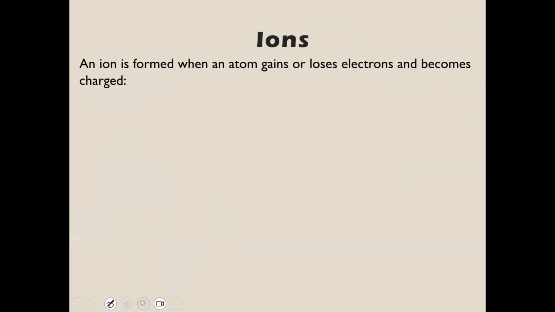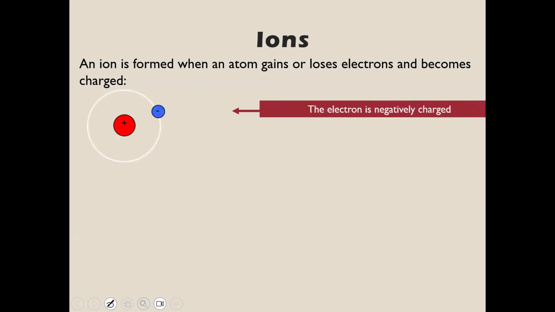So what are ions? Ions are formed when atoms gain or lose electrons. As I mentioned, any atom is composed of a nucleus, which is positive, while the outer shells contain the electrons, which are negatively charged.